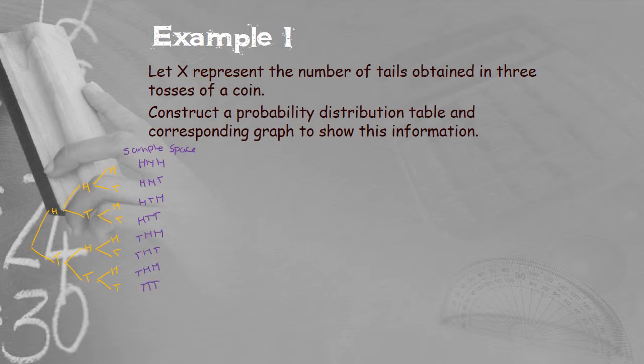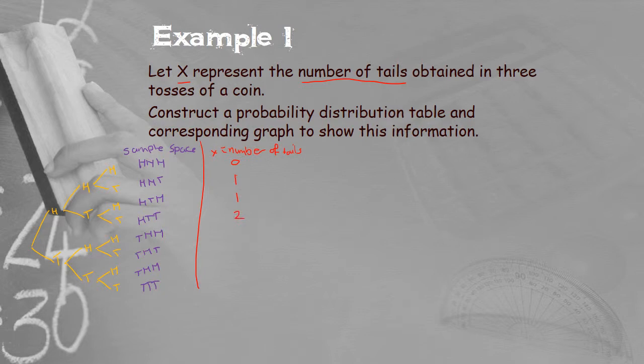Now, if we are thinking about what's actually happening in this case, x represents the number of tails. So if we look at what's happening for x here, with each of our options in the sample space, with our first option, heads, heads, heads, there were 0 tails. The second option, heads, heads, tails, there was 1 tails. Heads, tails, heads is 1 tails. Heads, tails, tails, we've got 2.